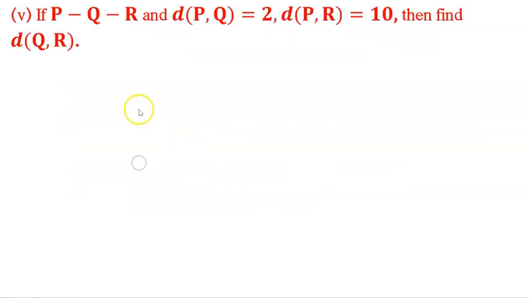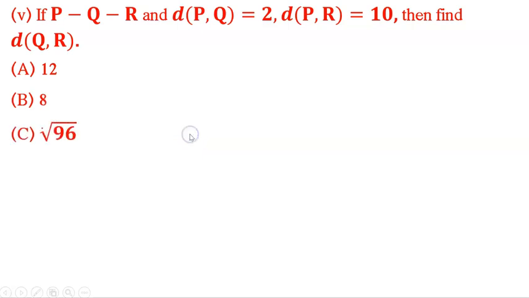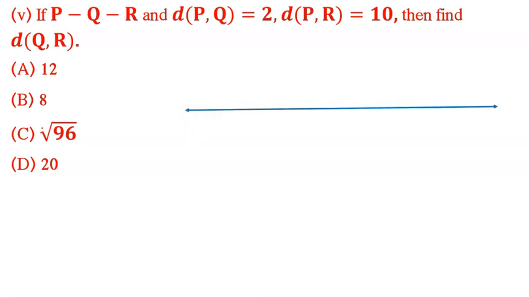Okay. Next question. If P-Q-R, it means that point Q lies between P and R, and distance PQ is equal to 2, distance PR is equal to 10. Then find distance QR. Okay. Now the first option, A is 12, B is 8, C is root of 96, D is 20. Okay. Now see this figure.